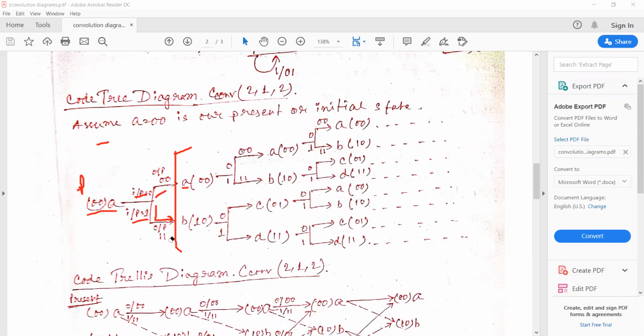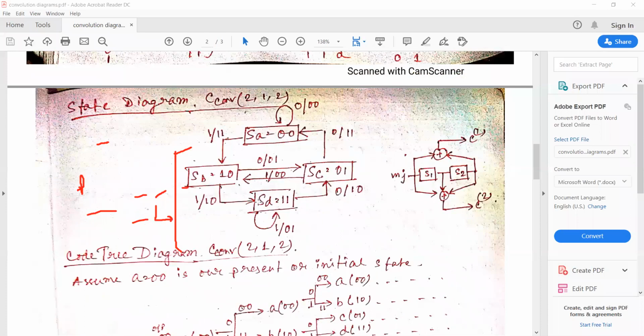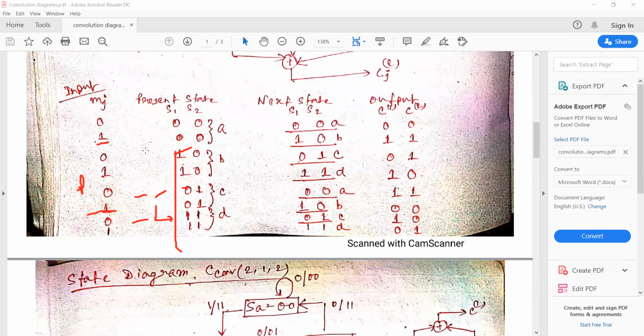If you start from A, the next state will be B when the input is 1 and output is 11. If you consider the present state as 10, that is B, there will also be two conditions.